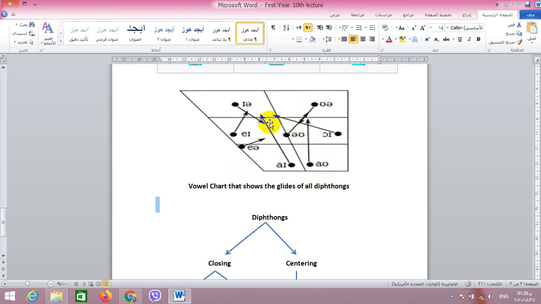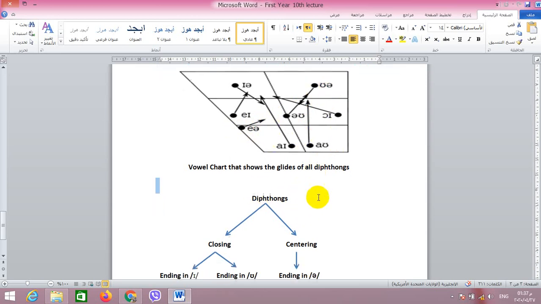This one is ia, from e to the schwa. This is aya, from a to the schwa. And the last one is ua, from u to the schwa.